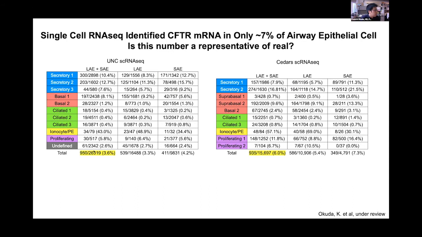But there is a limitation in single cell RNA sequence studies. Single cell RNA sequencing cannot capture all the molecules in each single cell, and that is especially highlighted when you try to detect low abundant genes such as CFTR.